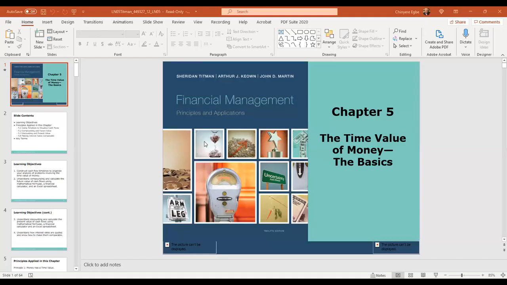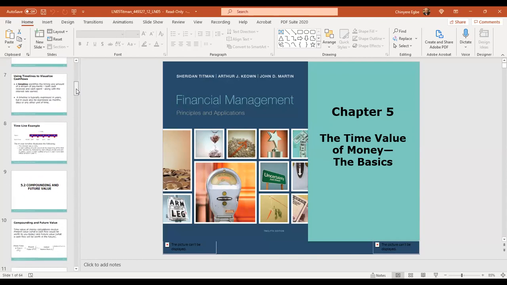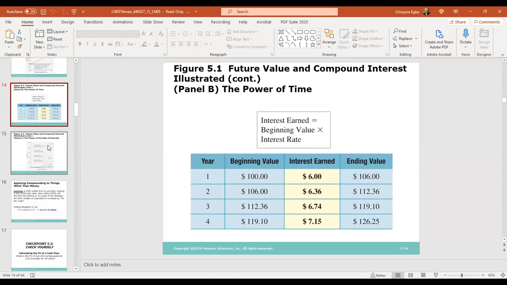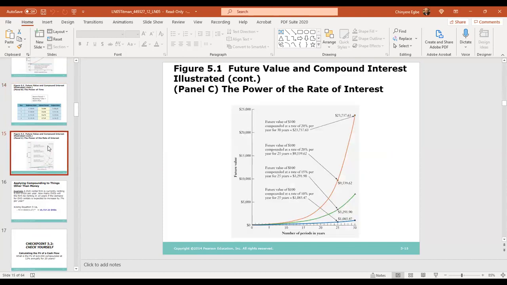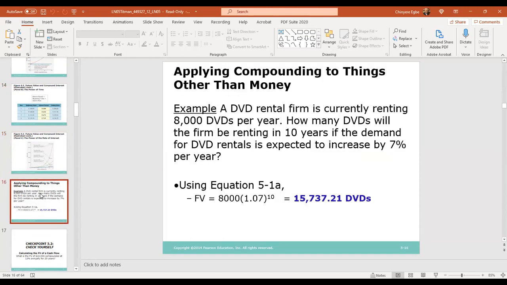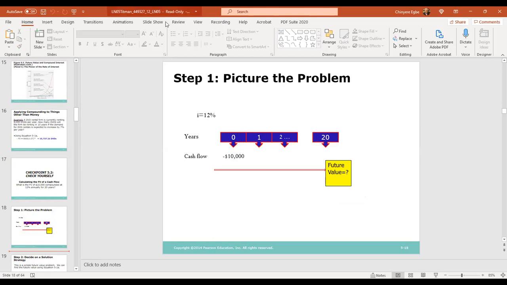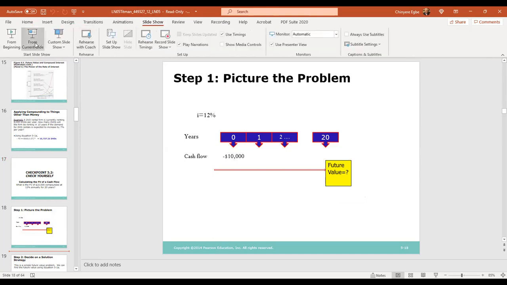Okay, so this is the basic time value of money, and I believe that you are all familiar with this from your first finance class. Essentially, the objective here is to understand that money in the hand is more valuable than money to be received in the future. And so we go through a compounding process to evaluate money.